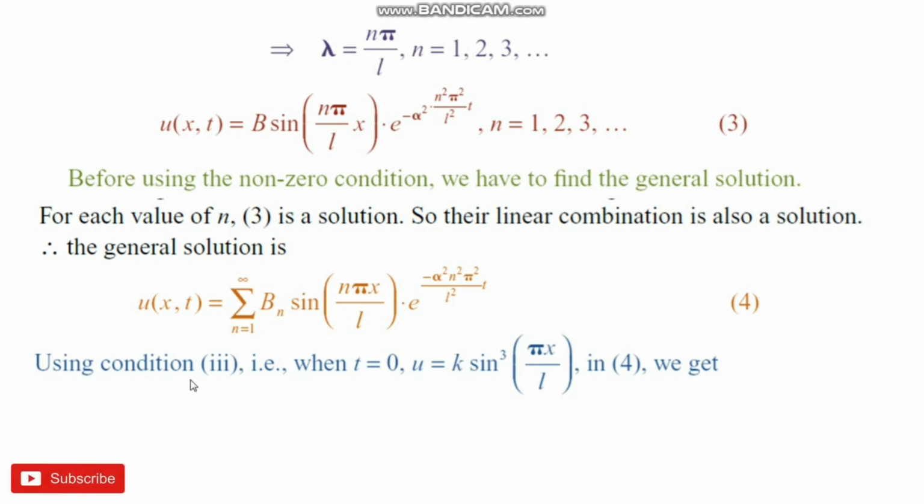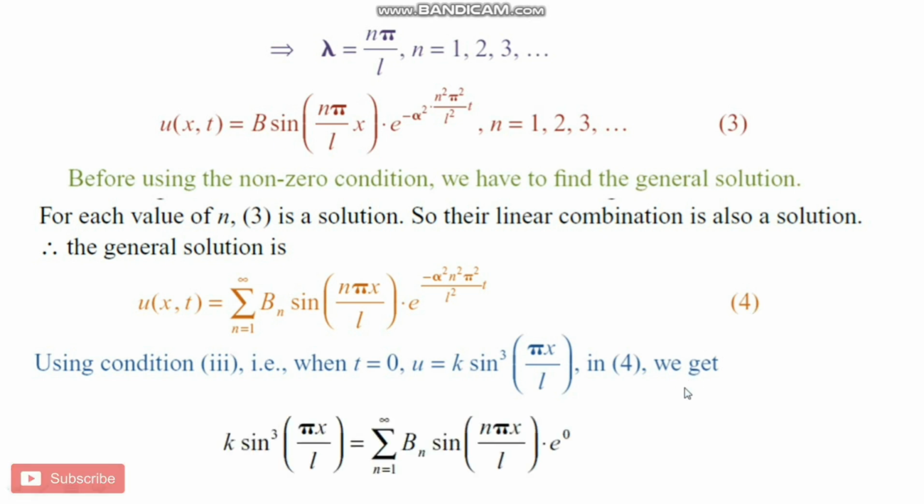Now using condition number 3, that is u equals k sin³(πx/L) when time t is equal to 0. Substitute the values of t and u in equation number 4.